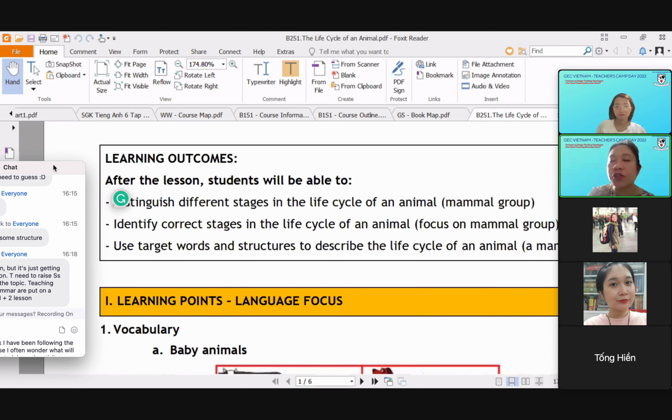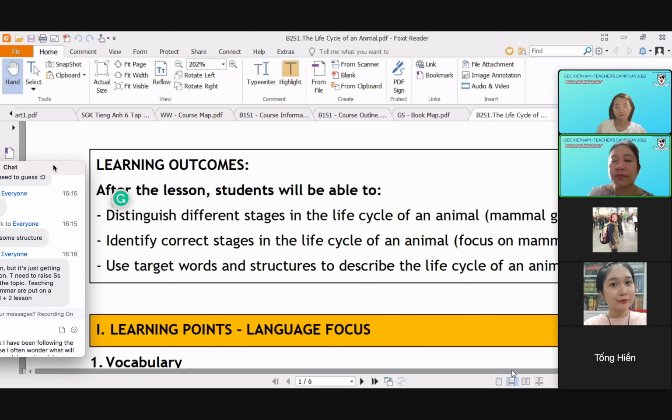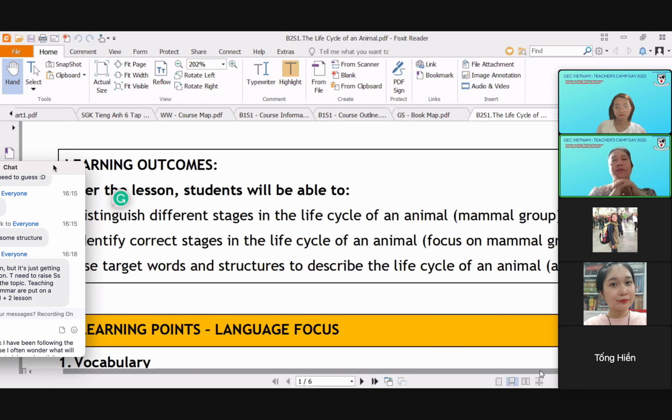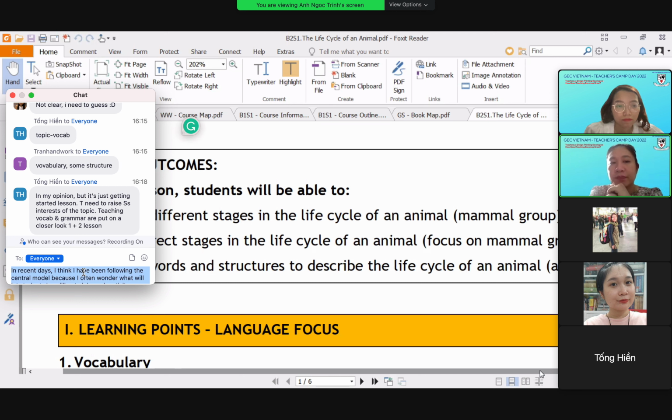What activities can be suited to help students achieve outcome number one? Do you know? What activity can help them distinguish?